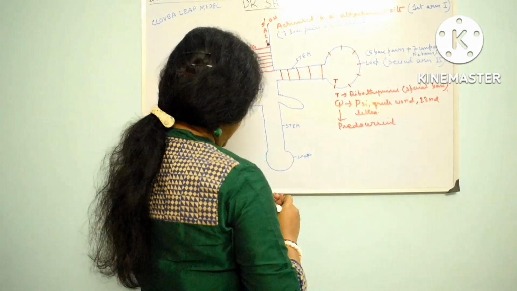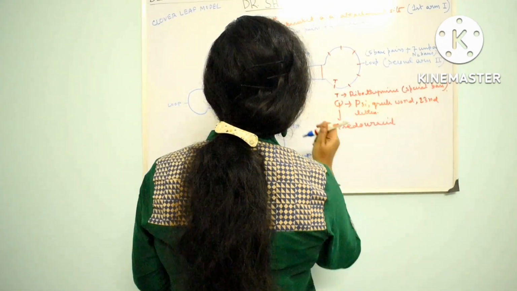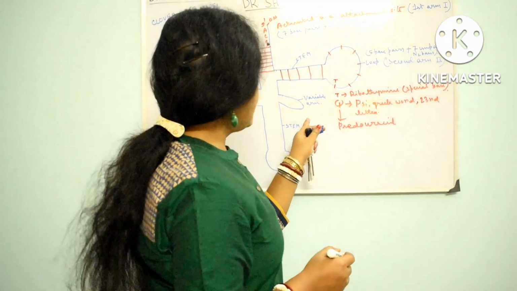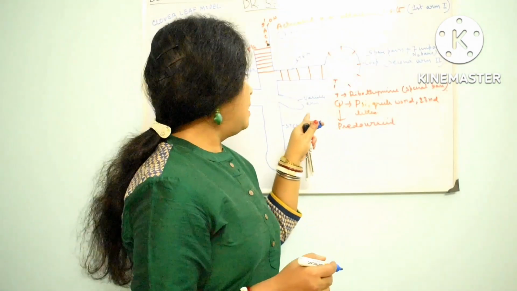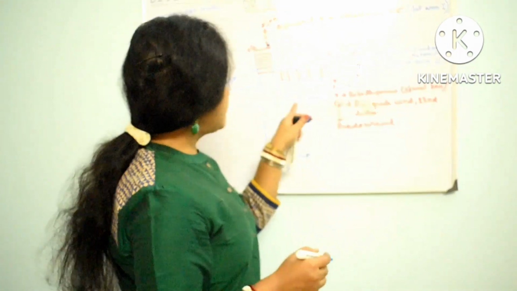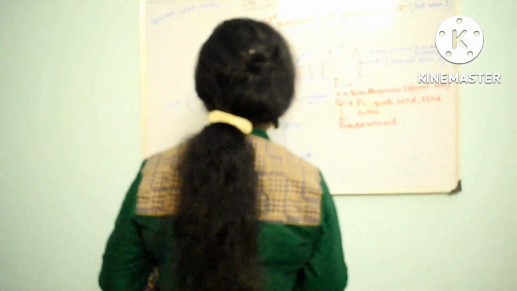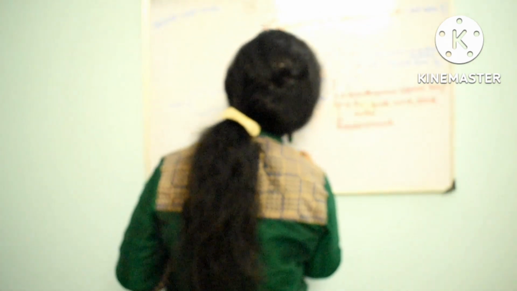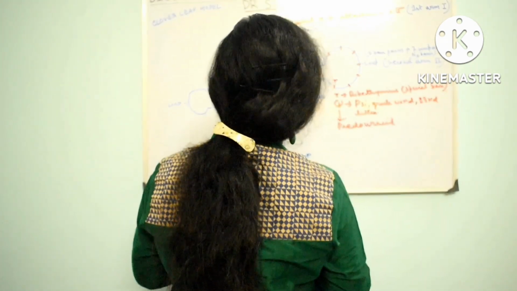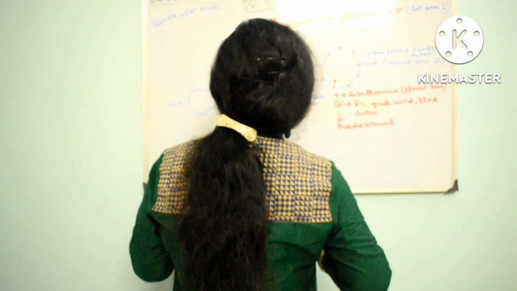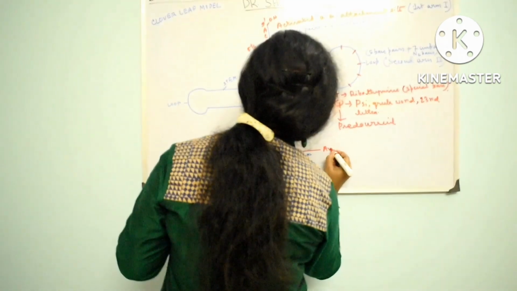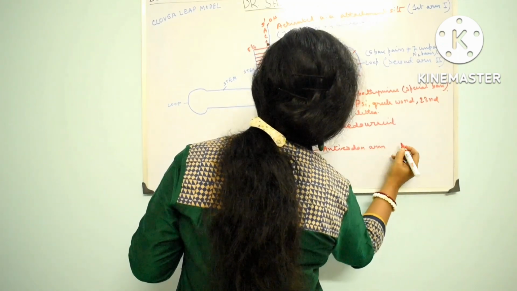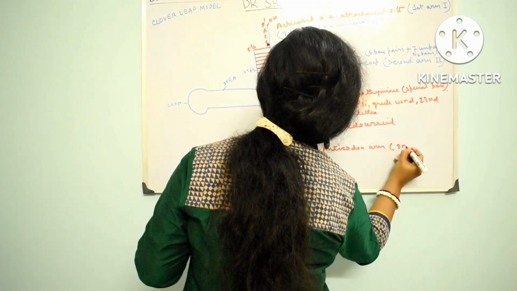This one is known as the variable arm. Here the number of nucleotides varies. It does not have a fixed number of nucleotide bases, so it is known as the variable arm. After this variable arm, this one is known as the anticodon arm, or third arm.